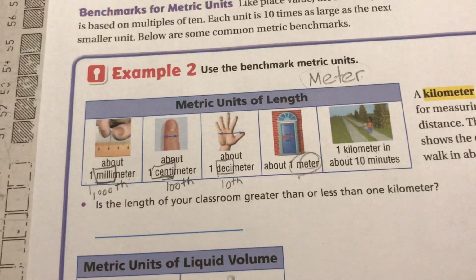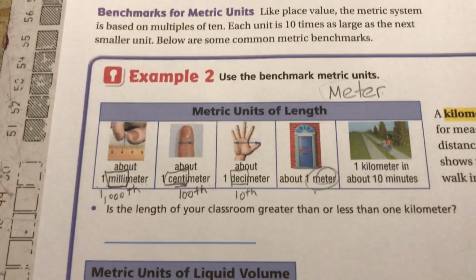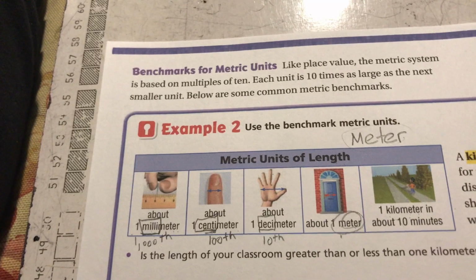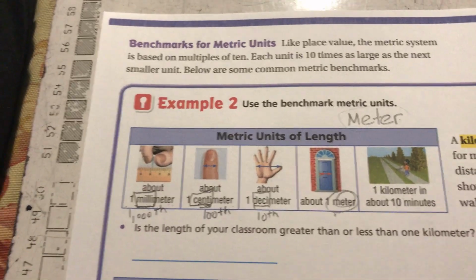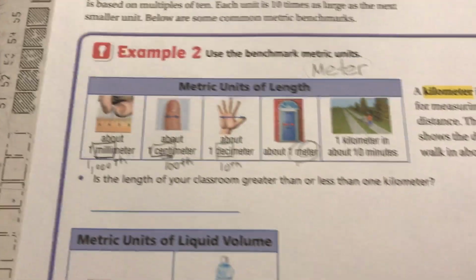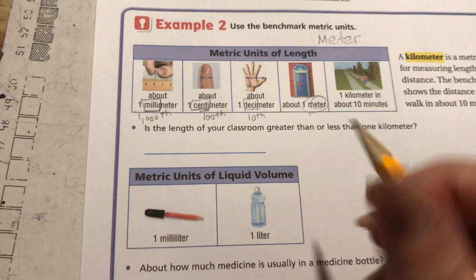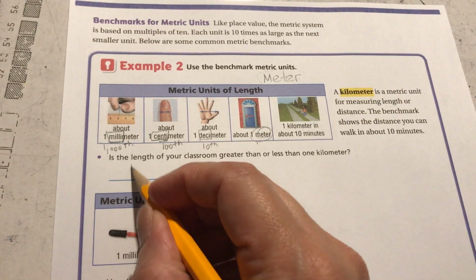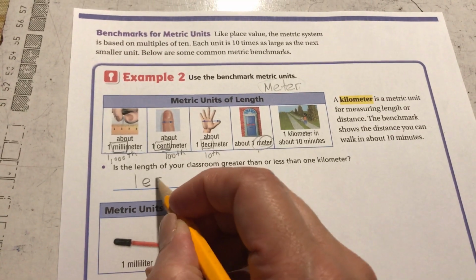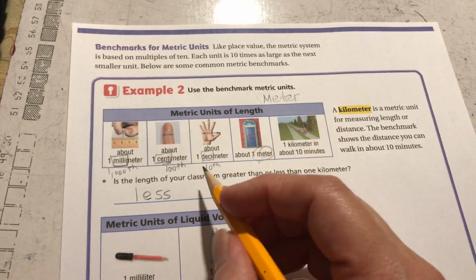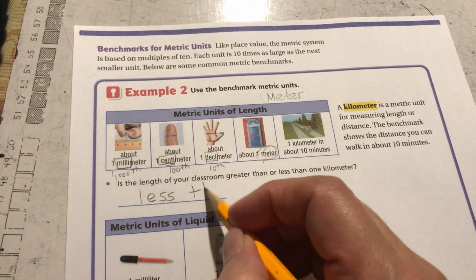Okay, so here we go. Is the length of your classroom greater than or less than 1 kilometer? Well, it's got to be less than, because I wish our room was more than a mile long. We could put a lot of things in there.